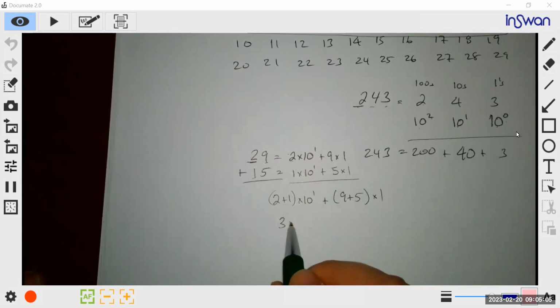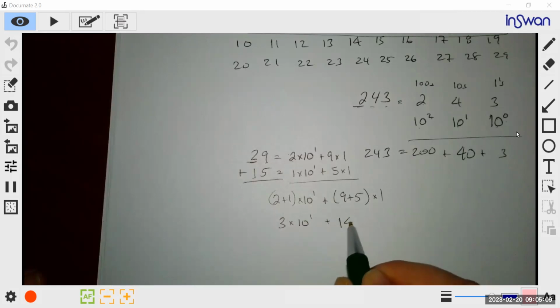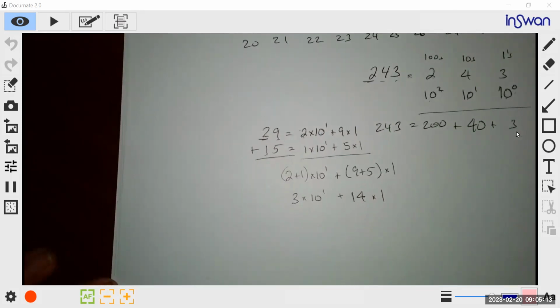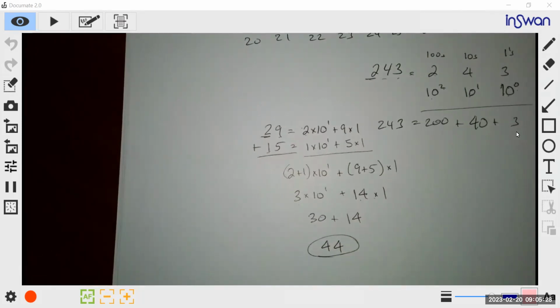So this is 3 times 10 to the first, 14 times 1. Three times 10 is 30. 14 times 1 is 14. Add these numbers, I get 44. That's what happens mathematically.